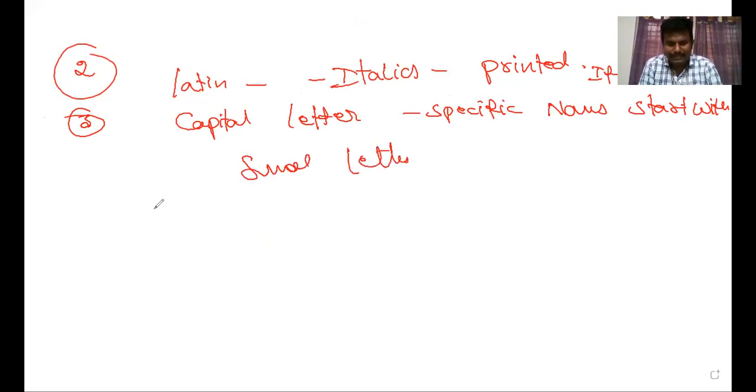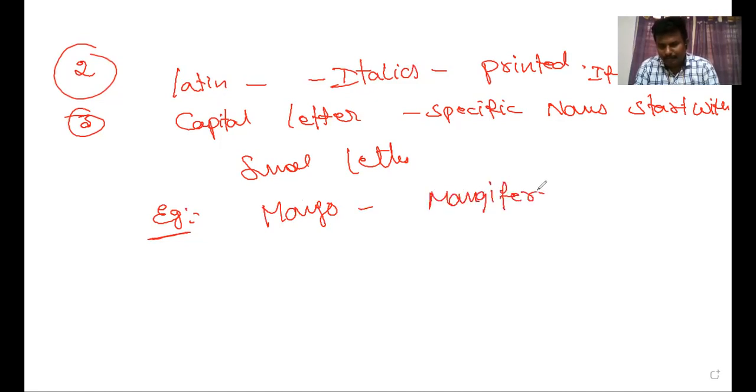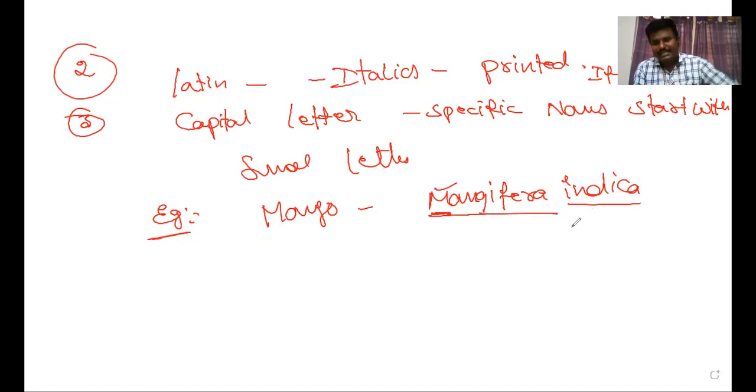For example, the scientific name of mango is Mangifera indica. Mangifera is the generic name, started with a capital letter. Indica is the specific name, started with a small letter.